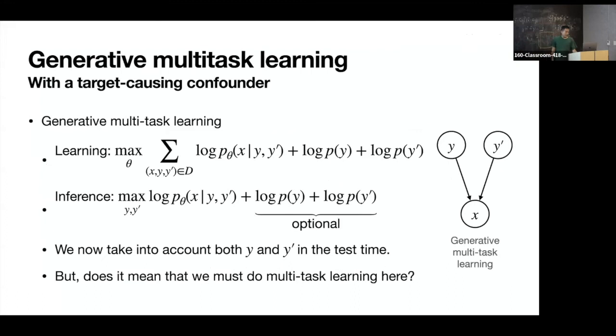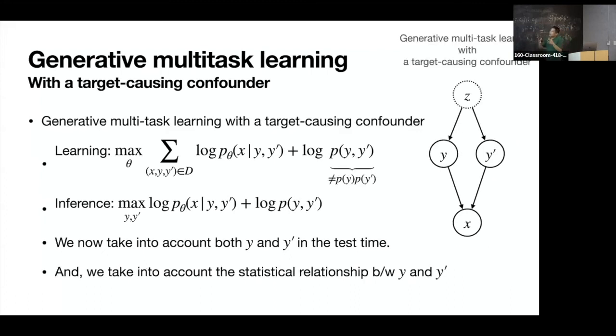But on the other hand, we can narrow it down by saying that there exists an unobserved target causing confounder z that gives rise to y and y prime. So we sample z from some unknown prior distribution. Given that, we have the conditional distribution over y and y prime.